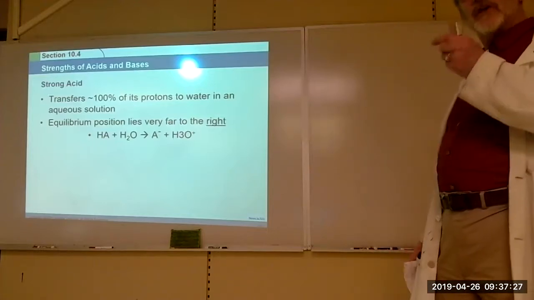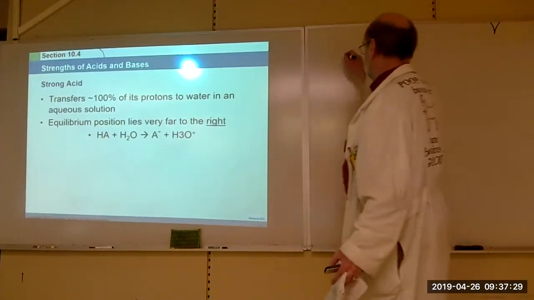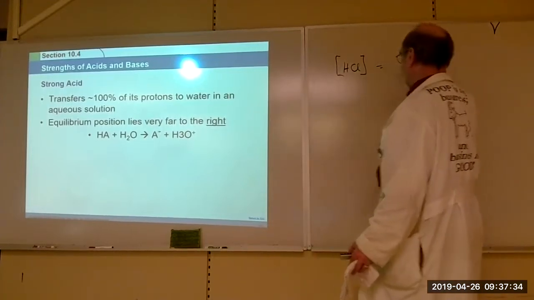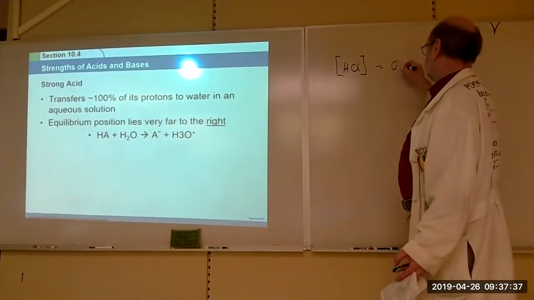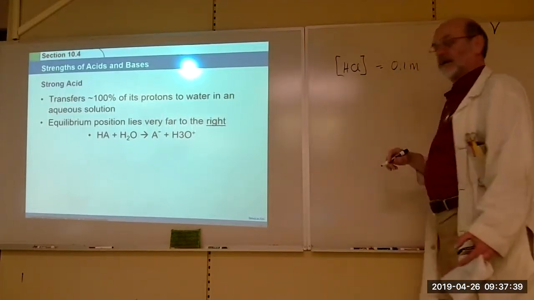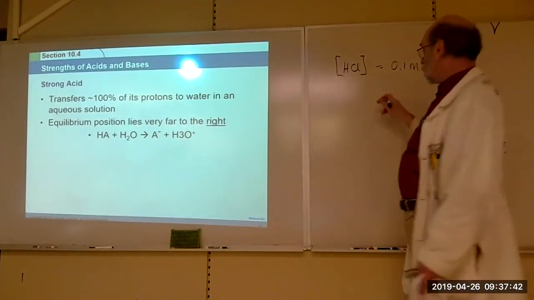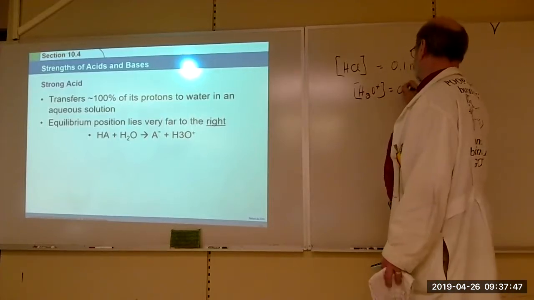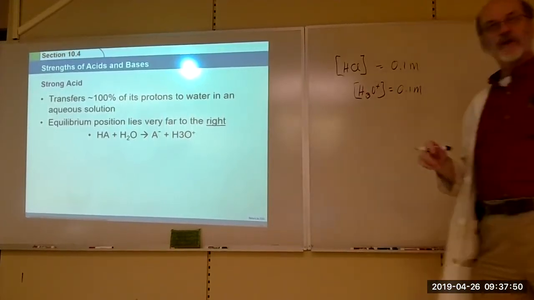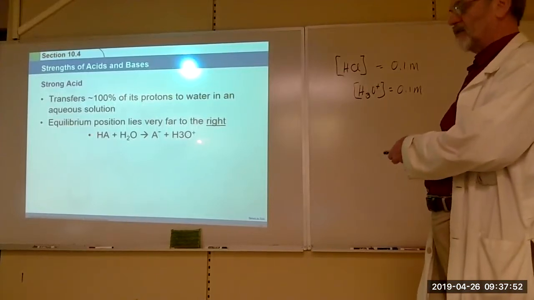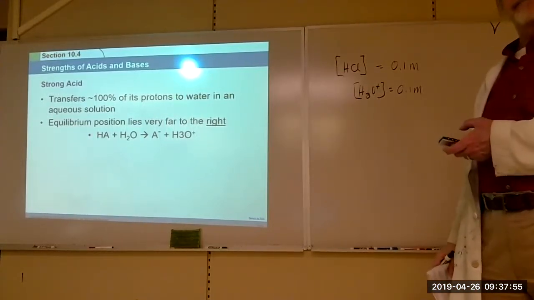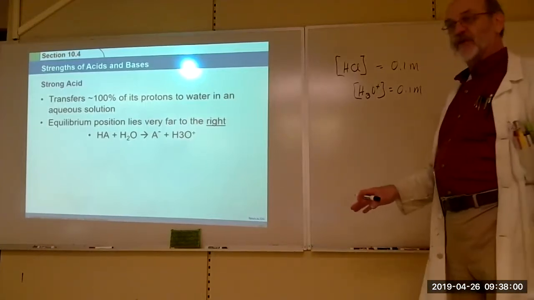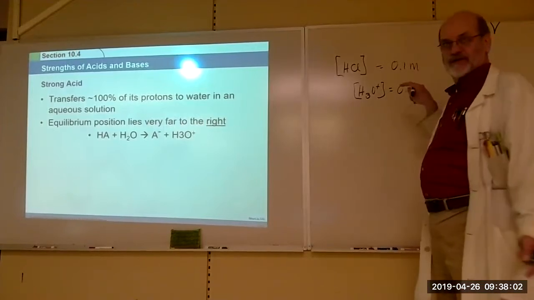In other words, say you make a solution of hydrochloric acid and the concentration is 0.1 molar. As a strong acid, you know that this concentration is also 0.1 molar because it's 100% conversion from that side to this side. But the danger comes in how much of that is there.